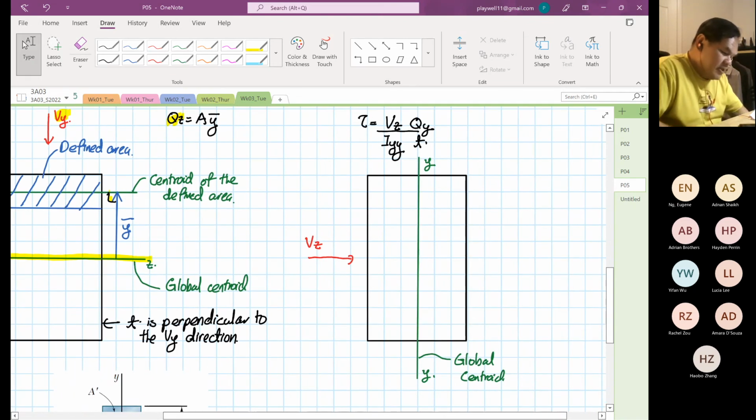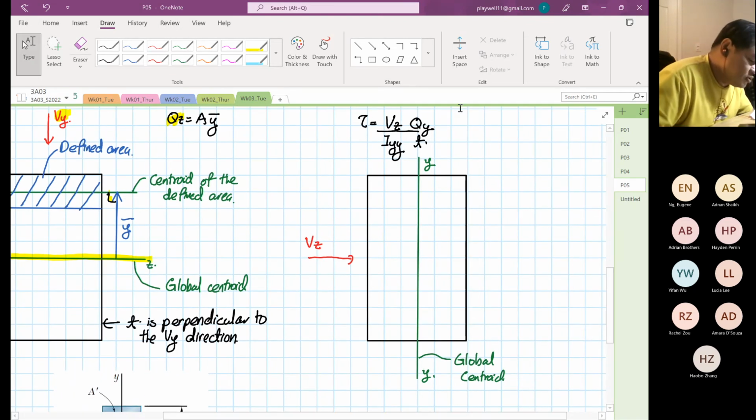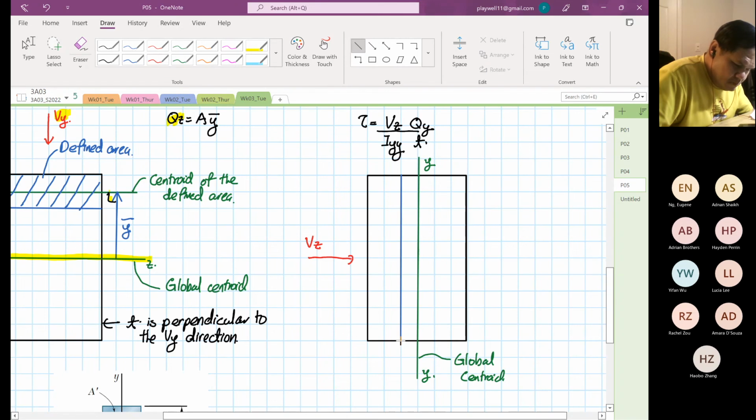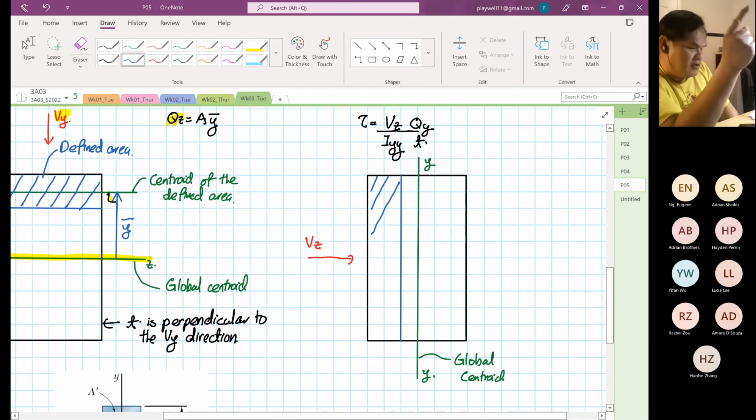Now, I'm going to pick our defined area. This is our defined area now. You realize that the defined area is not from the centroid.